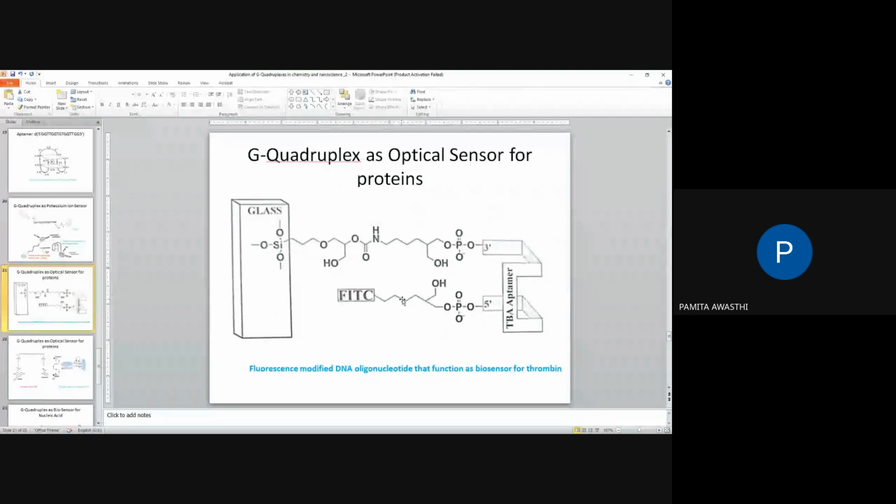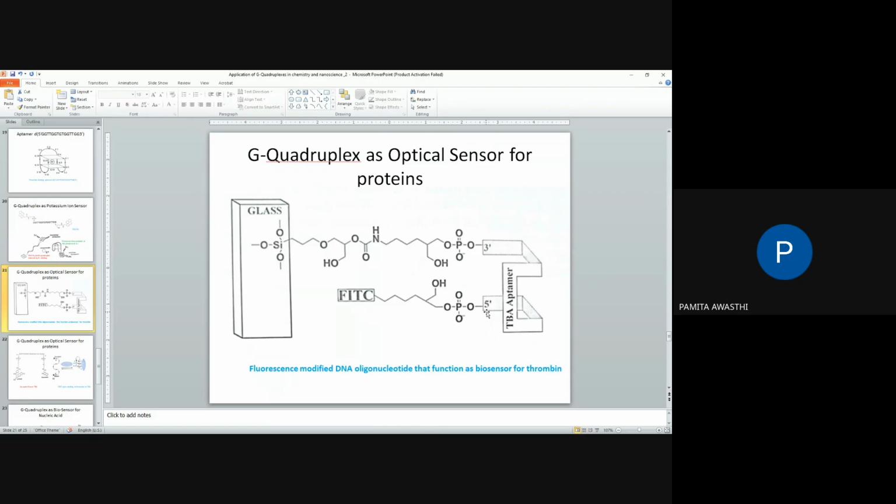No fluorescence anisotropy has been observed for a DNA sequence which does not form a quadruplex. So only when it is forming a quadruplex are you getting the signal. When it is not forming the quadruplex, it will not show any kind of signal.